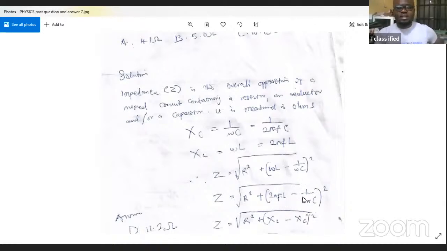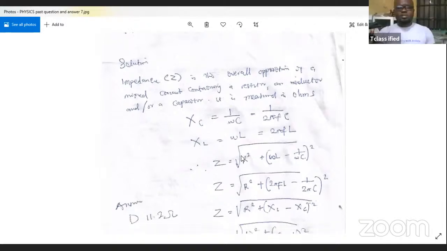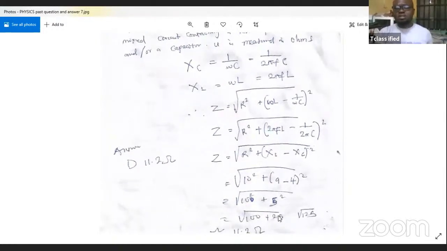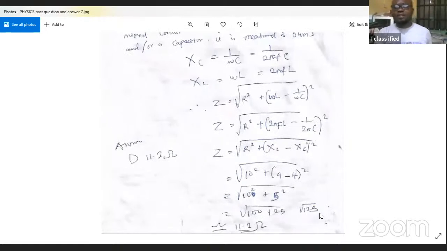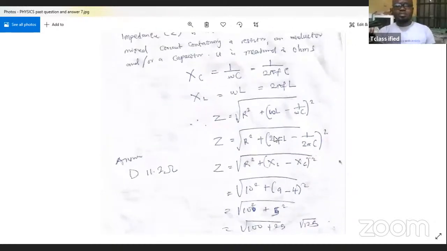But these are already given to you. So you simply get down to this last formula, because this is equal to this and this is equal to this. You're given this as 9 and you're given this as 4. So you simply say 9 minus 4, which is 5 squared, 25. 10 squared is 100. 100 plus 25 is 125, the square root of which gives you approximately 11.2, making that the answer to the problem.